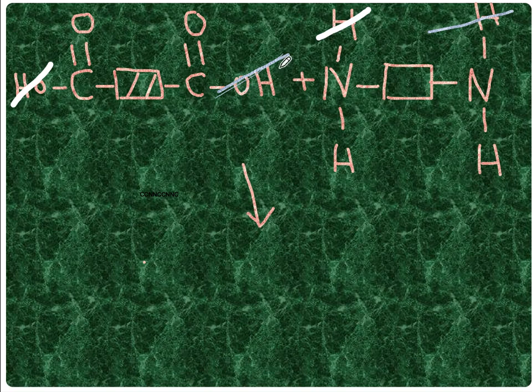And the OH of the carboxylic acid will be removed also with the other H bonded to the nitrogen atom. So how many molecules of water do we have? We have two. OH with H is one H2O, and from the other carboxylic group, OH with the H will form water also.